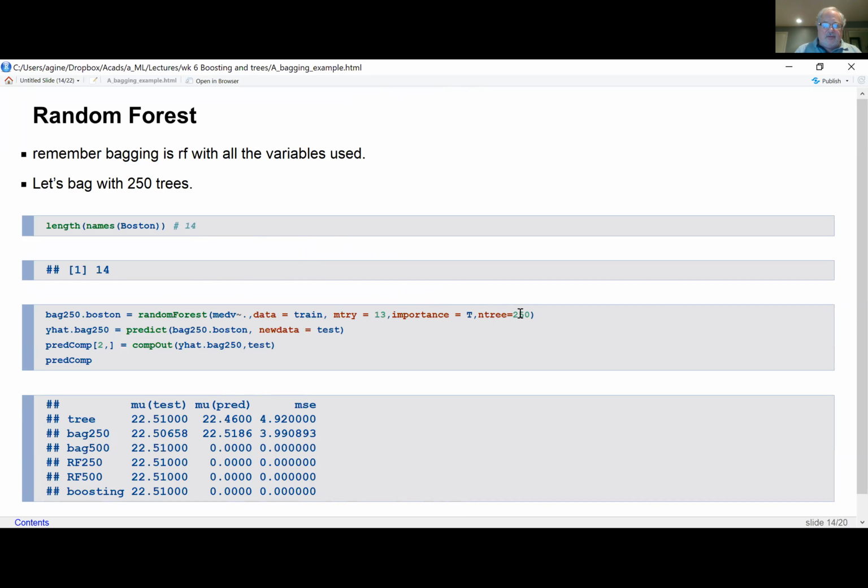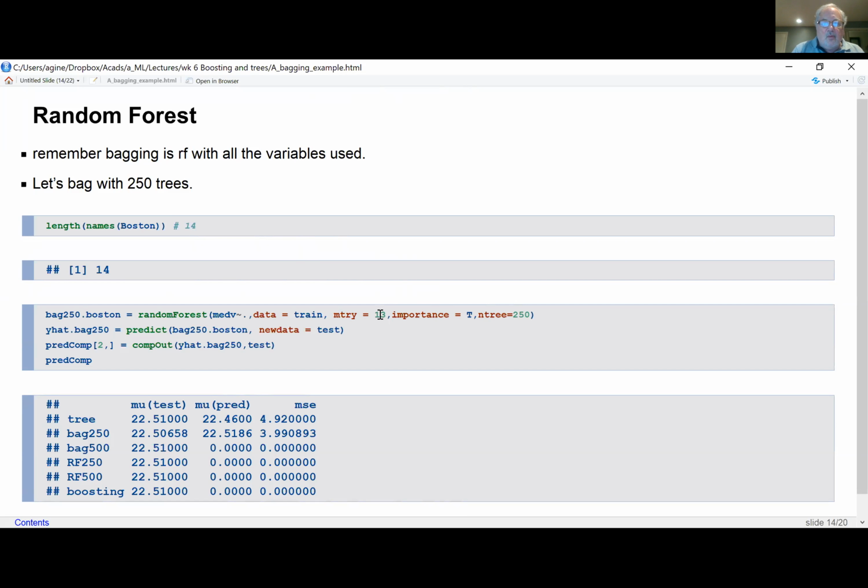Well, first of all, ntree equals 250 means I'm going to do it 250 times. I'm going to sample my data set 250 times, compute 250 trees, right? Now remember, each time, it's looking at all the variables, and at every split is picking the one that gives the maximum decrease, not of entropy or a Gini index, but the maximum decrease in the mean square error in the nodes, okay?